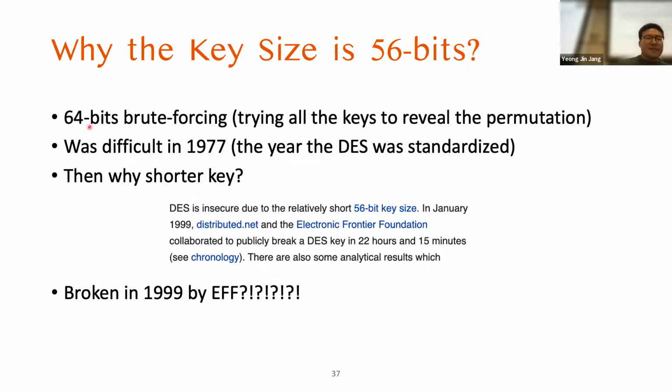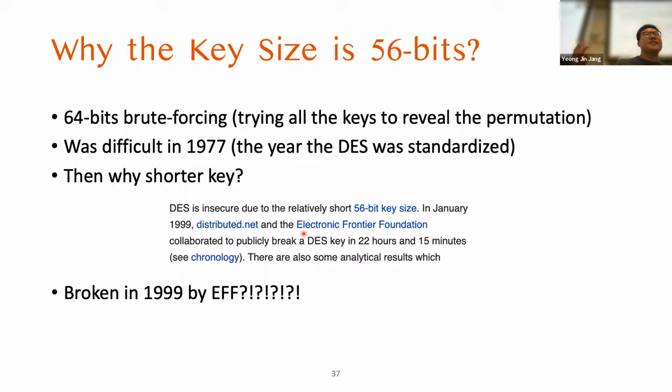So 64-bit brute forcing, trying everything for 2 to the 64, is like 120 peta trials or something. That was super difficult in 1977, the 80s, 90s. That was not possible. And then they intentionally used a shorter key, so a 2 to the 56 key. But in January 1999, there was this foundation, the EFF.